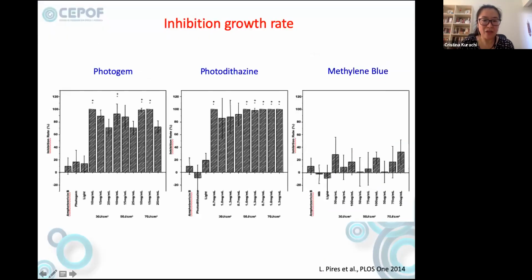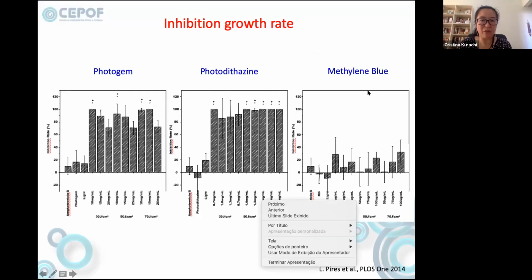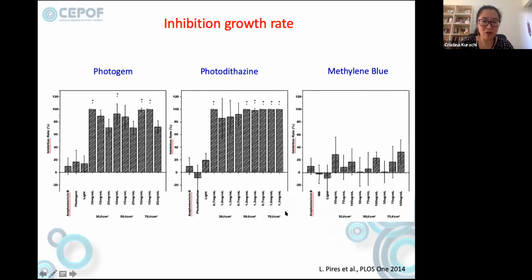Then we also checked with those three different photosensitizers. We checked different concentration levels and three different energy levels, trying to get the best response. The first columns here are the treatment using amphotericin B, but as I mentioned to you, there is no very nice response, though it is one of the treatments available, presented as an option to treat pythiosis.